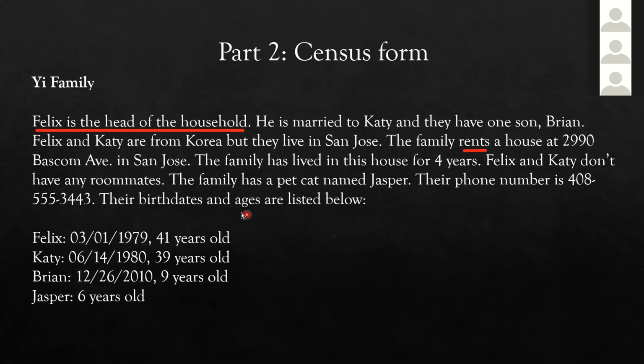Their birthdays and ages are listed below. So Felix, this is the birth date, and this is the age. Katie, birth date, age. Brian, birth date, age. And last one, they have Jasper.